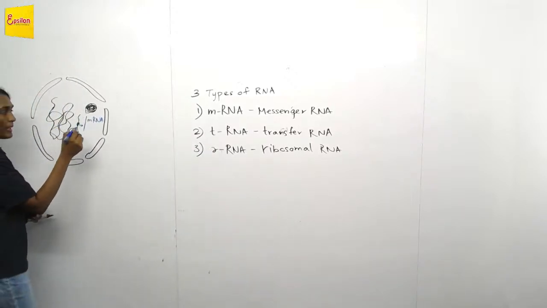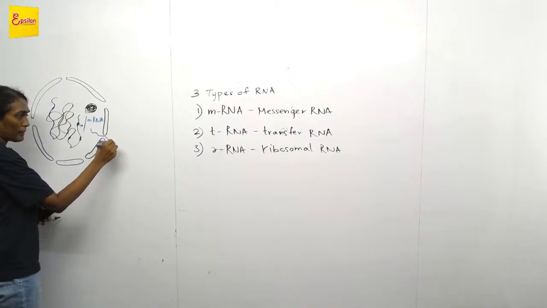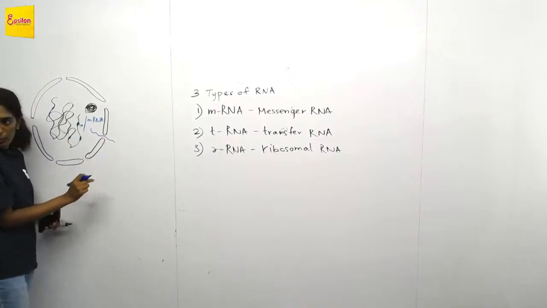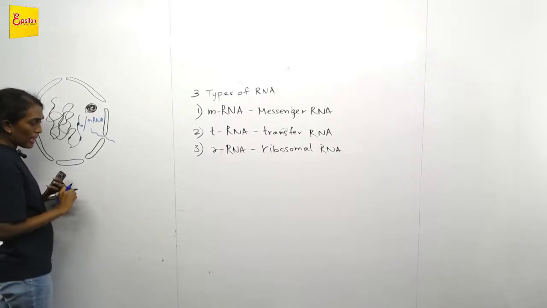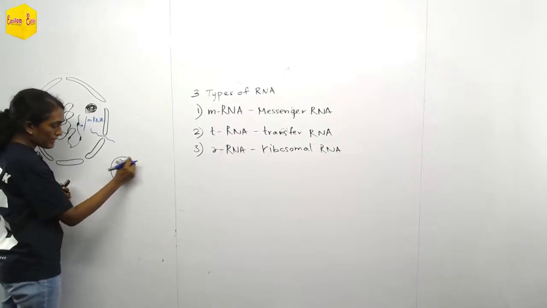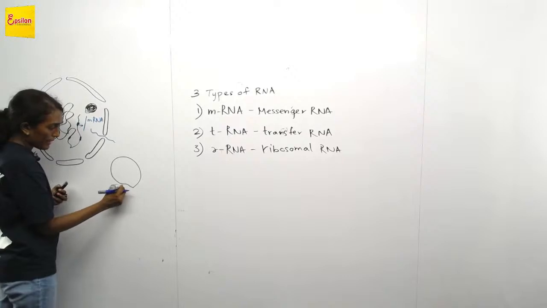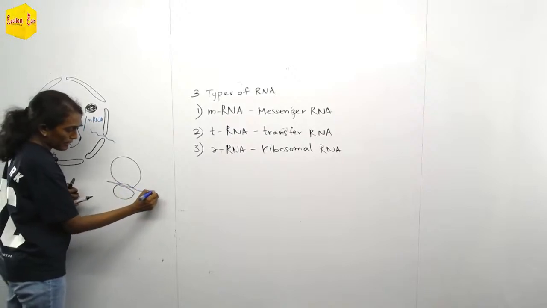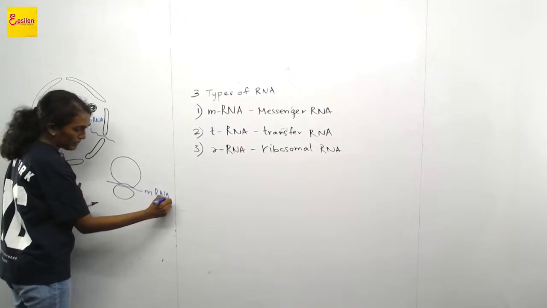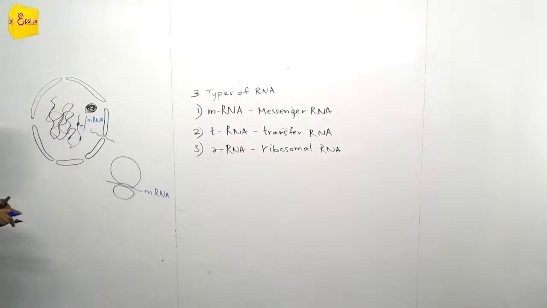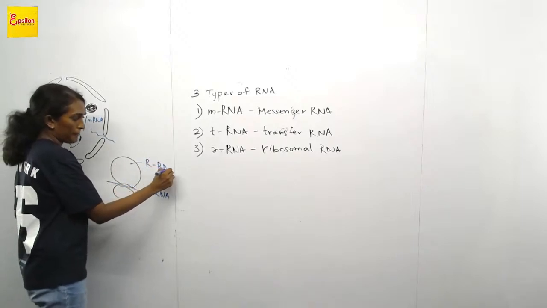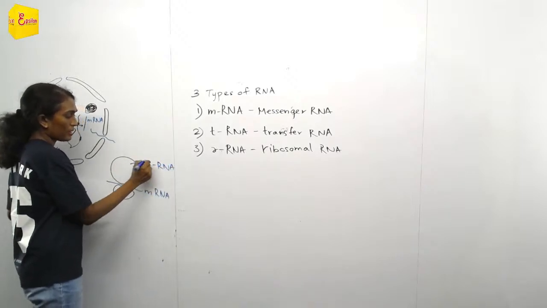And this now comes out of the nucleus through the nuclear pores to the site of protein synthesis, which we call the ribosome. So here is now mRNA. This ribosome is made up of rRNA, right? Correct?